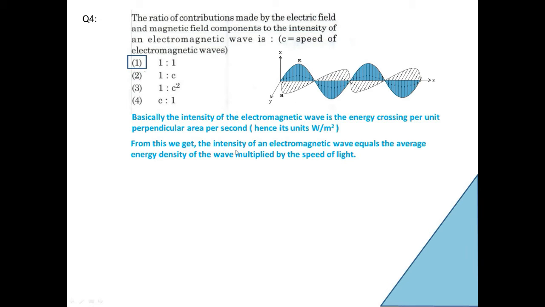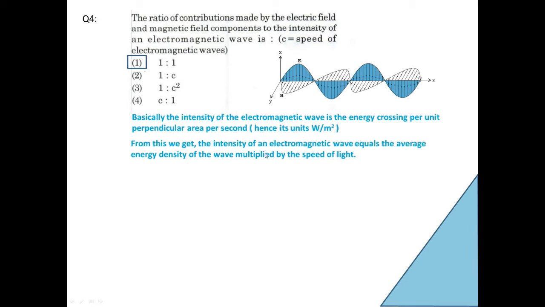Now from this energy crossing per unit area, perpendicular and per second, we get the average energy density. The intensity of the electromagnetic wave equals the average energy density of the wave multiplied by the speed of light. This proof is not necessary here; we are briefly looking at the solution side.